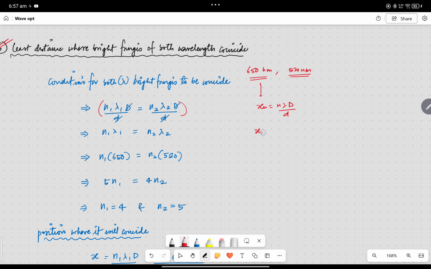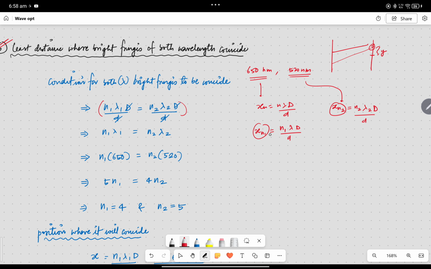xn1, okay. So we have to take the value of n1. Lambda is your 650, and D by d is going to be constant. For the other case, let's assume xn2, where we put the value n2 and lambda 2 equal to 520 nanometer, D by d being the same. Because the bright fringes of the two wavelengths are coinciding, they have the same distance from the central maxima.